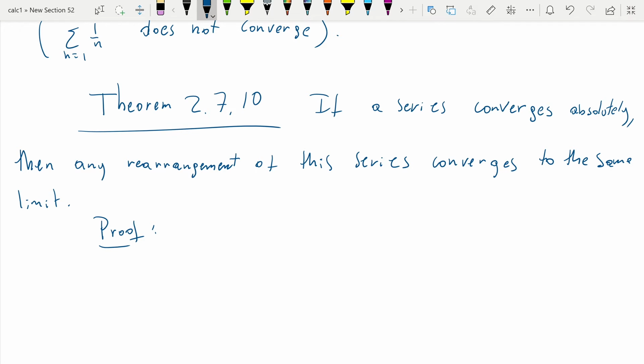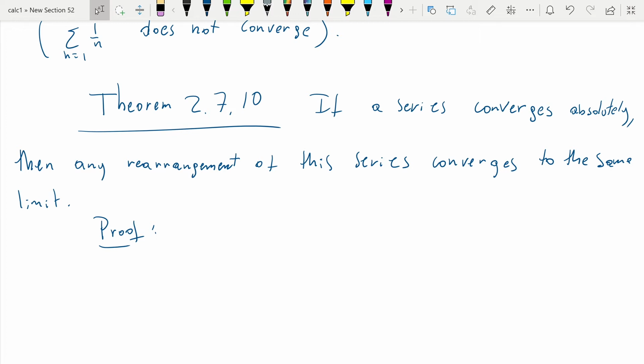Again, and to the same limit is actually kind of the point. We've already seen that you can rearrange, say, the alternating series of minus 1 to the n plus 1 over n to obtain basically any value you want. You can also make it diverge choosing the right rearrangement.